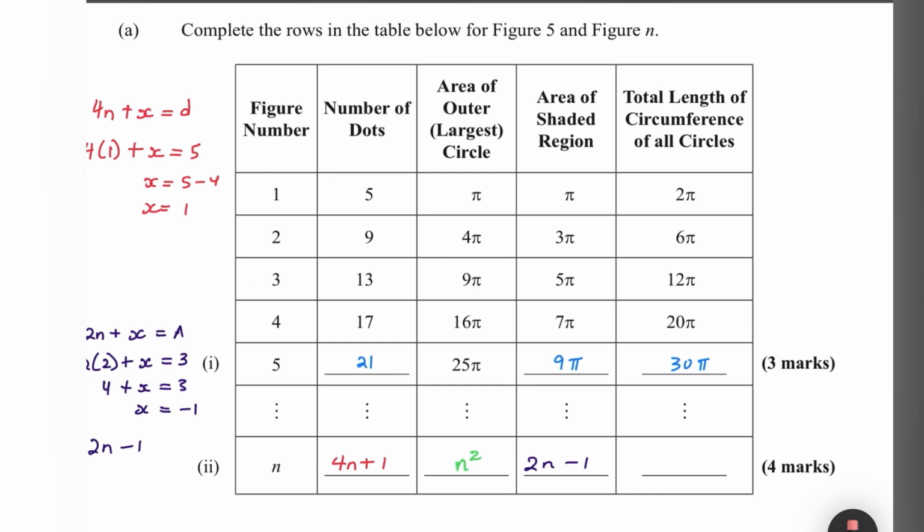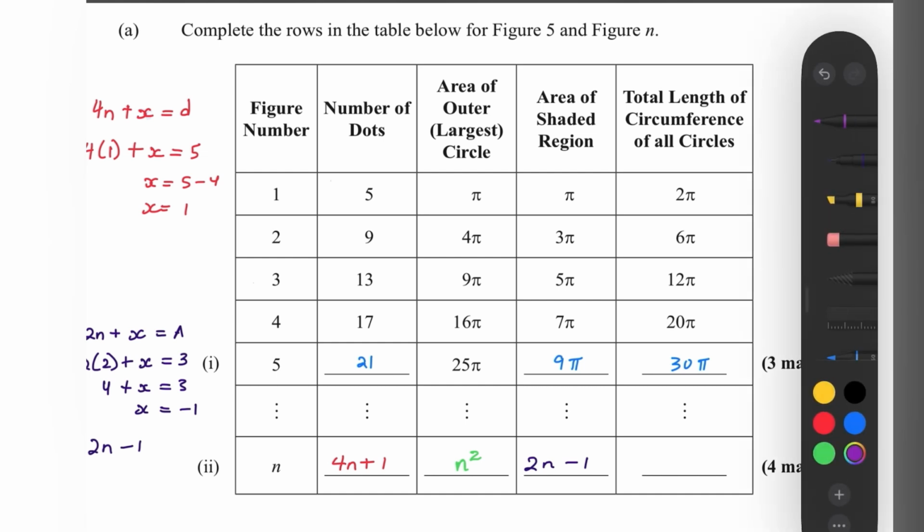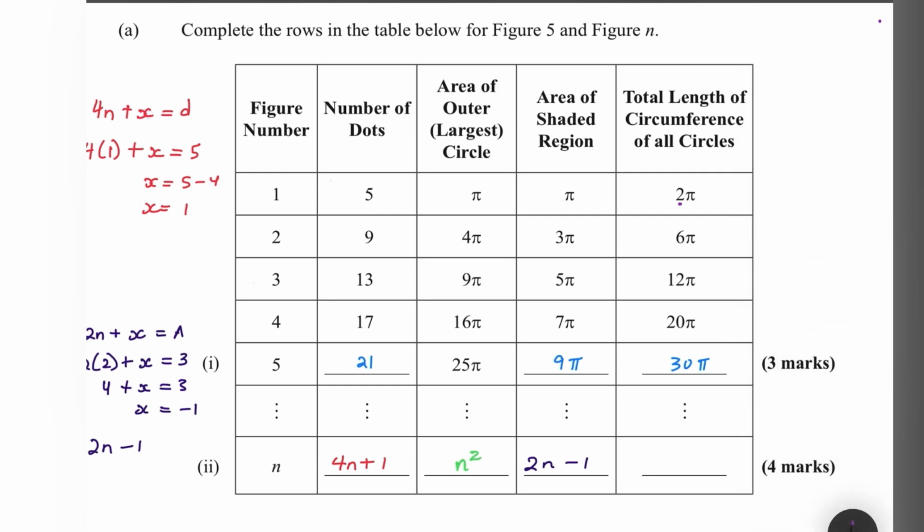So you have 2, 6, 12, and 20, and then 30. So it seems as though it's a double.